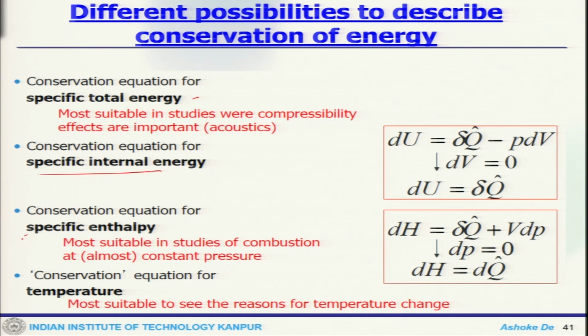The specific enthalpy is quite often used, and is most suitable, for combustion processes, or the temperature. These are suitably used in incompressible situations where there is no density variation. This is what we have already talked about, the connectivity between internal energy and enthalpy.